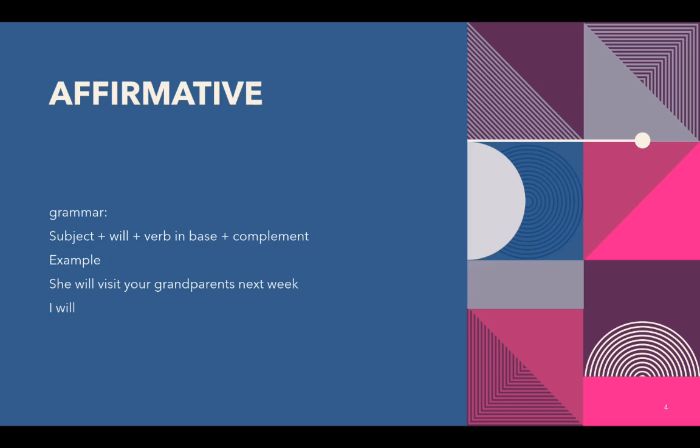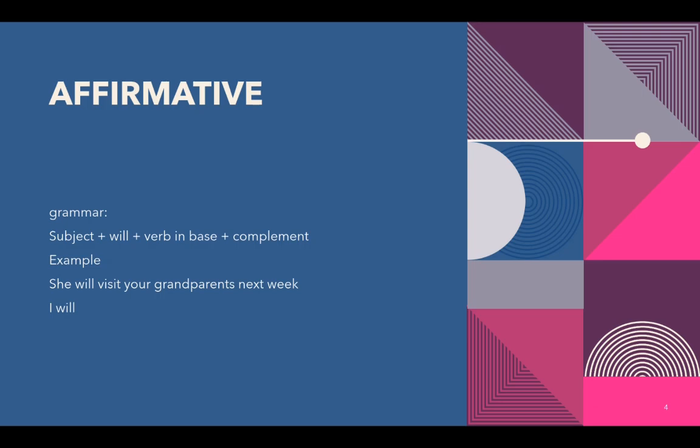Okay, for the affirmative in the grammar, we need to know the subject. Remember, the subject is she, he, it, we, they, you, plus will. This is the auxiliary, plus the verb in base form.